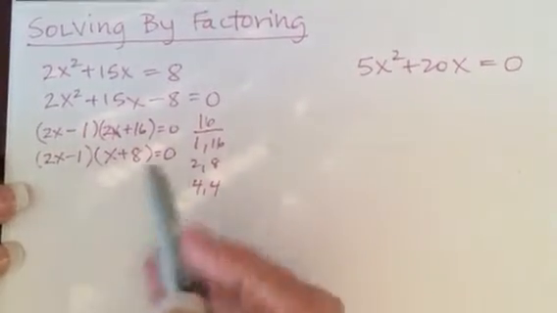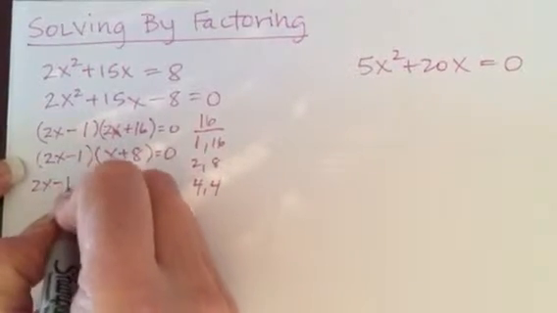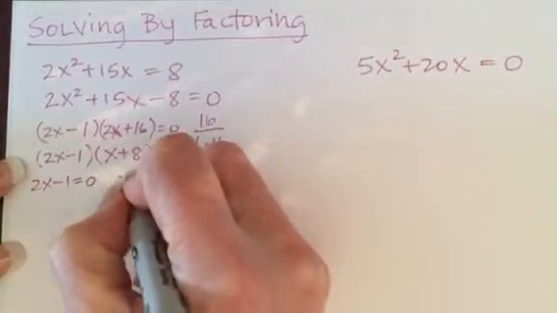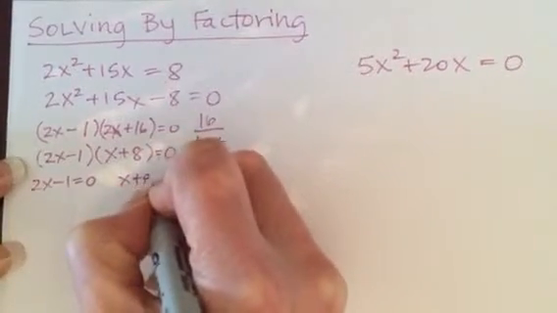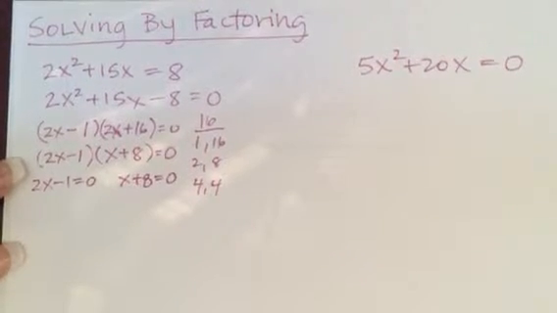All right, so now that it's factored, we're going to take each factor and set them each equal to 0. That's the zero product property, which says that if two things are multiplied together and they have a product of 0, then at least one of them must be 0.